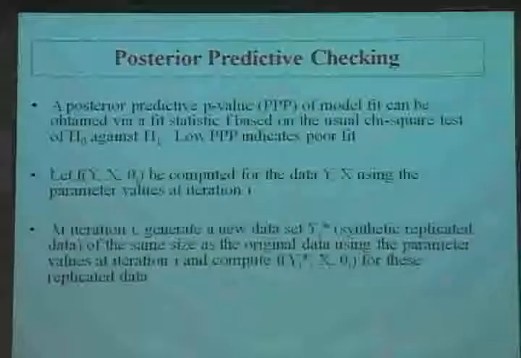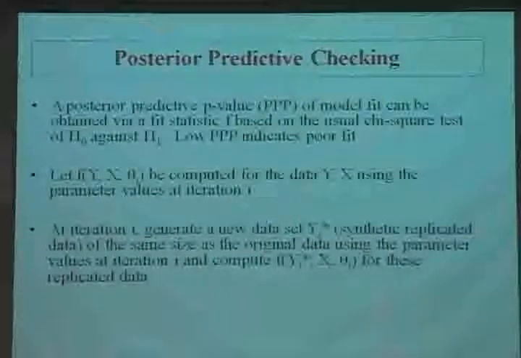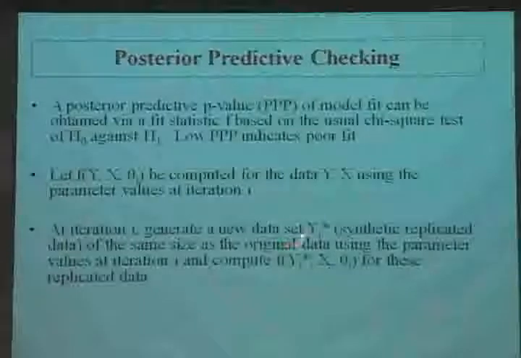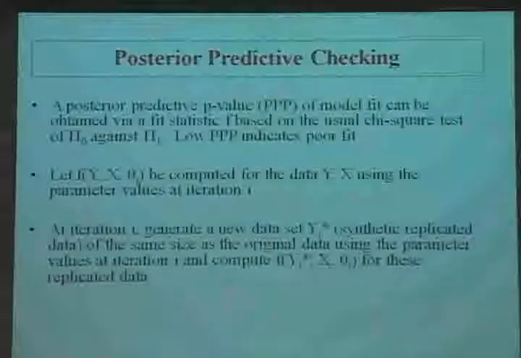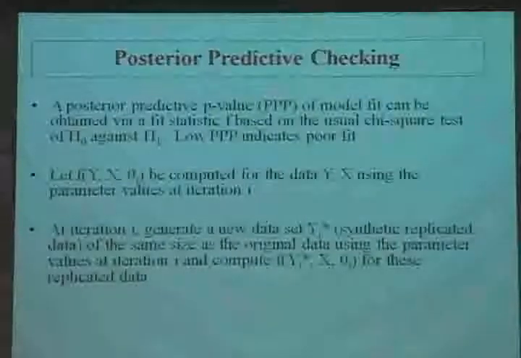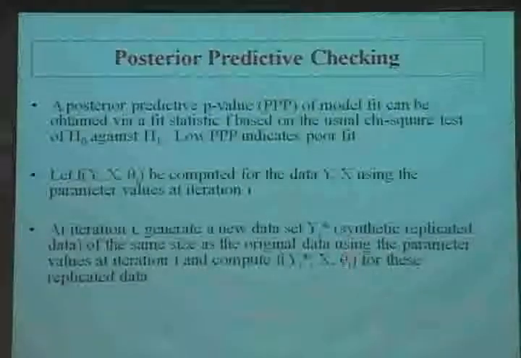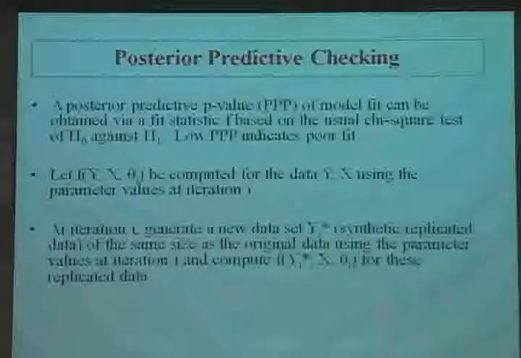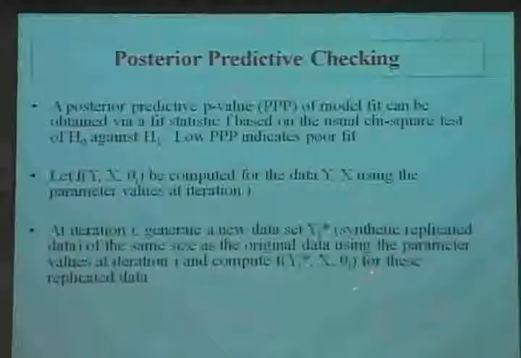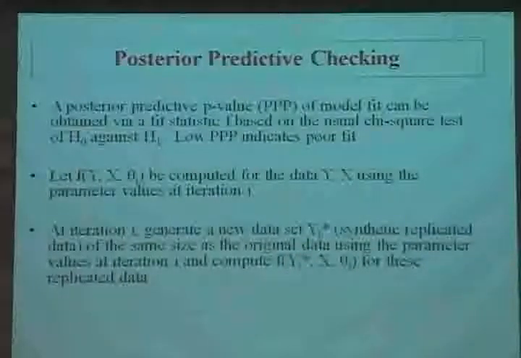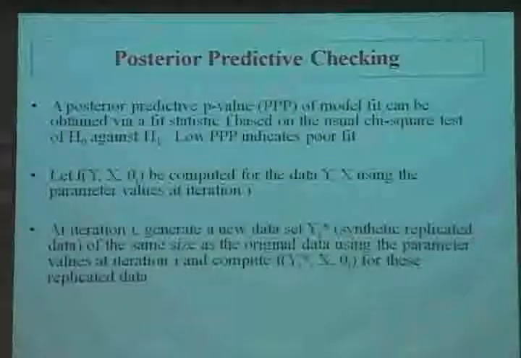The way it's done in Mplus in general is that as you're going along in the MCMC sequence, at a particular iteration, you get a set of parameter values. These parameter values are part of the posterior distribution. With these parameter values, you generate new data according to the model.